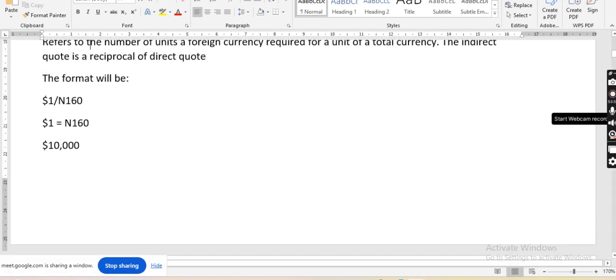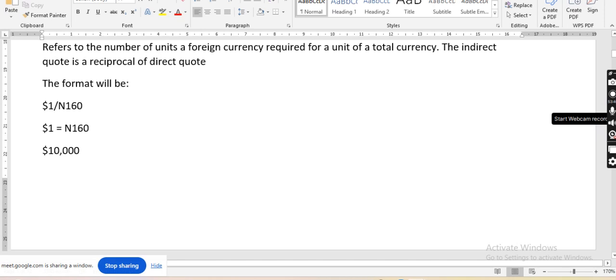Now, you want to convert this, class. Where is the spot rate? You can see the spot rate of the Nigerian company that wants to buy. The company is situated in Nigeria, for instance. Can you see the spot rate is on the right hand side?